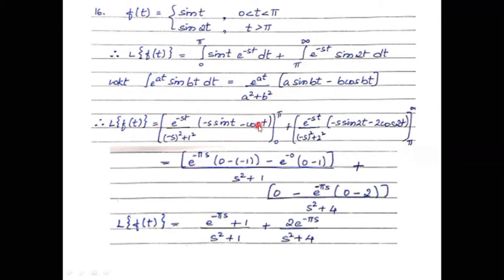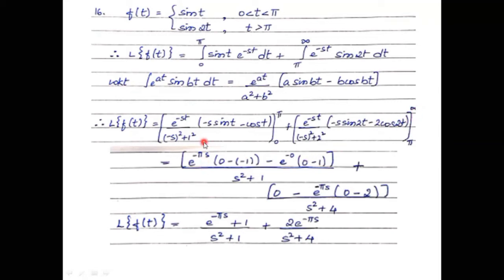So that looks like this: e power minus st by minus s whole square plus 1 square, minus s sine t minus cos t, 0 to pi, plus e power minus st by minus s whole square plus 2 square, minus s sine 2t minus 2 cos 2t, between the limits pi to infinity.